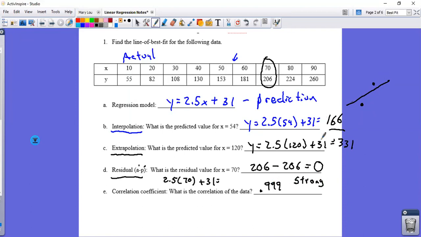And we can see from the positive 0.99, it is a positive line that has a strong positive correlation. That's it. But it's getting the data in and getting this prediction equation that makes everything else work.